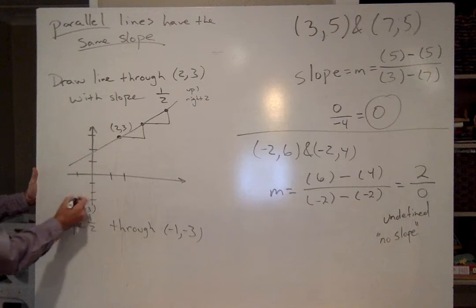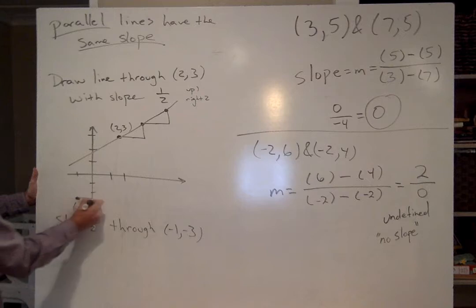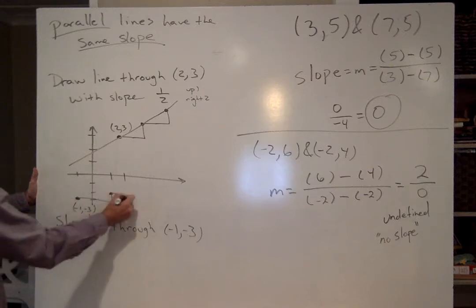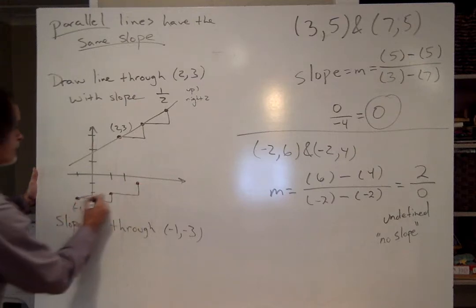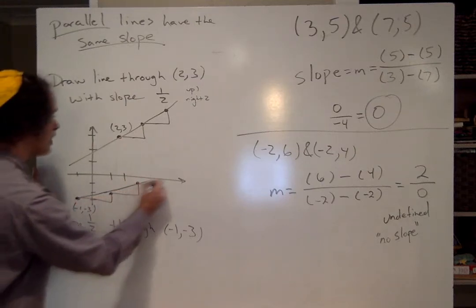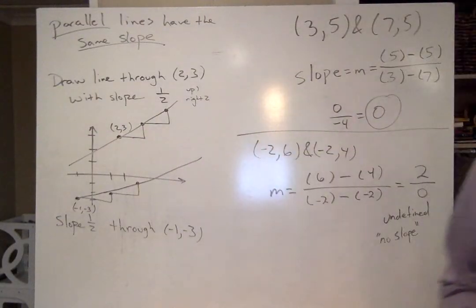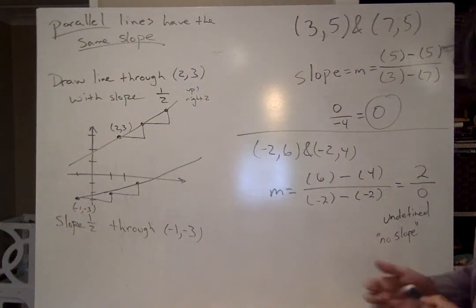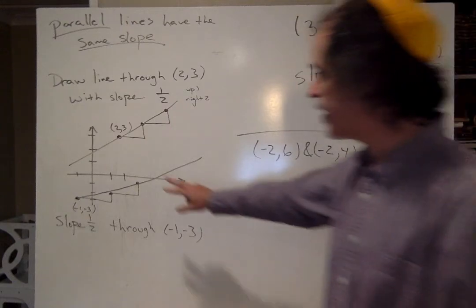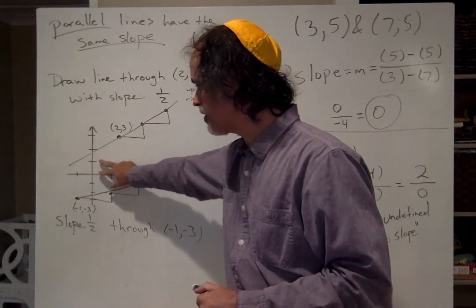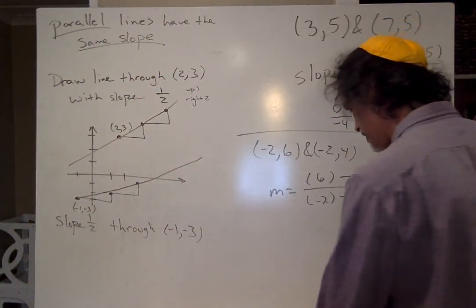Same slope, so it's right 2, up 1, right 2, up 1, right 2, up 1. I didn't do a very good job of this, but it's supposed to be a parallel line. Doesn't quite look parallel, does it? That's just because I drew it wonky. I made my tick marks wide here, and I made them narrow down here, so it made the lines diverge.